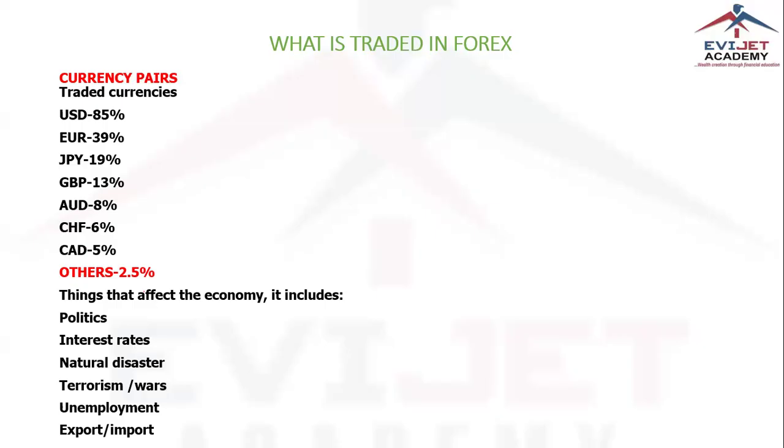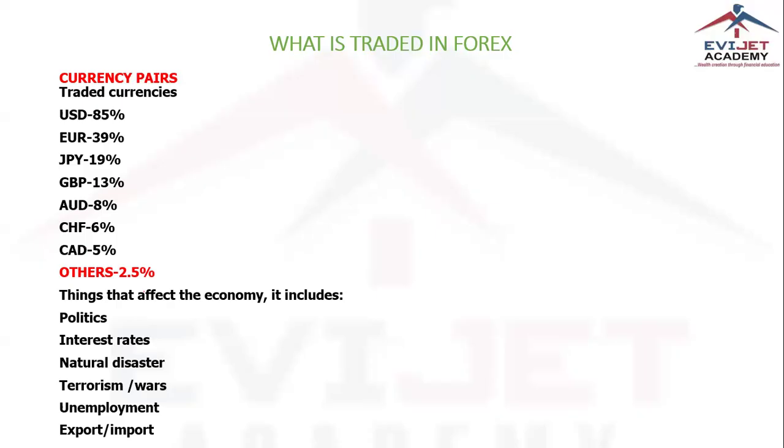Something affects the rise and fall of these currencies, why the currencies are stable, why they go up and down. So there are things that function in that manner. If you could remember, our naira was at a time 460, 360, and so on. But today we are 1,000 something. So what has happened? Things that affect the economy drive your currency.